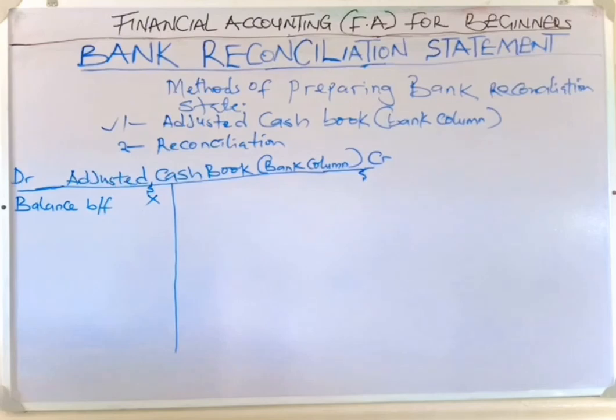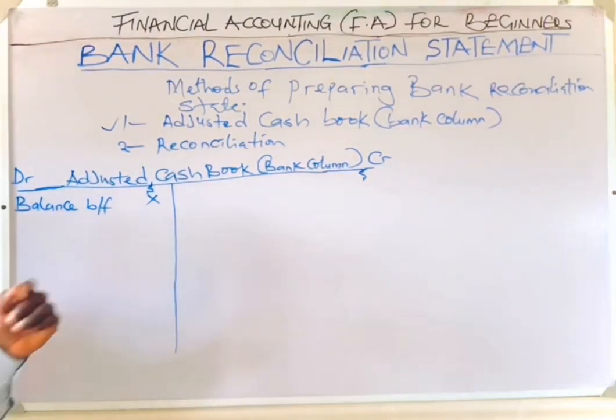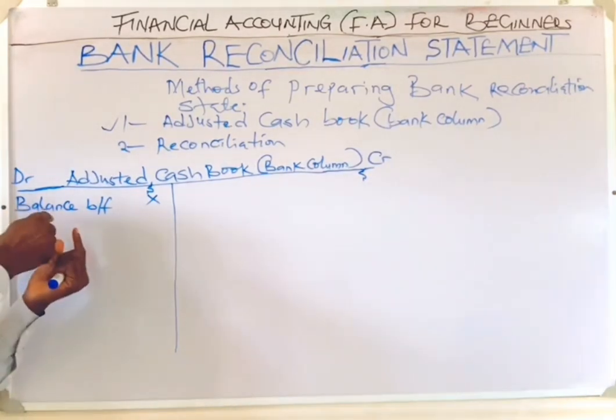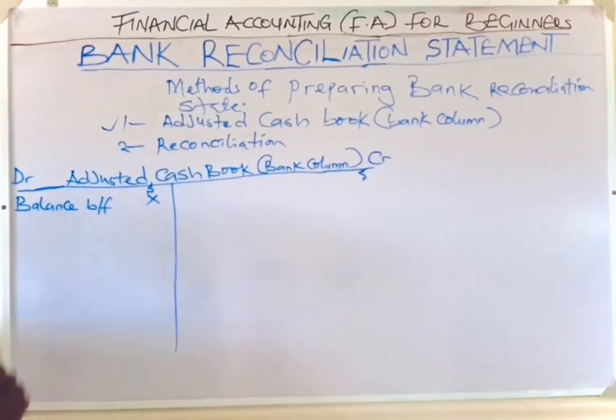So this balance brought forward is the bank column balance in our cash book. That is, in practice, we are bringing it here to make all our adjustments to this balance. So all adjustments that we're going to do will affect this balance.